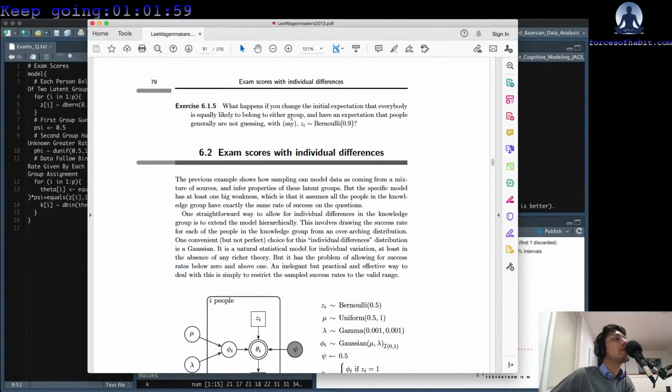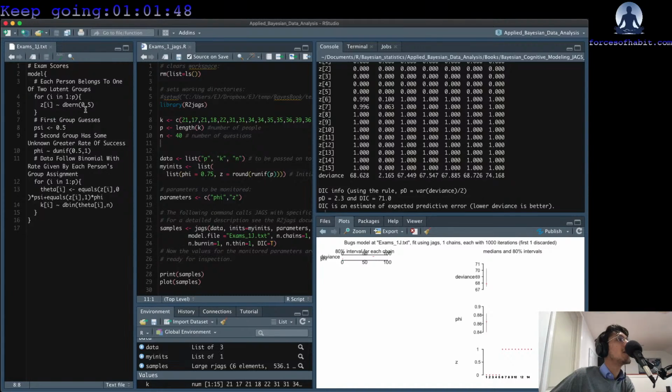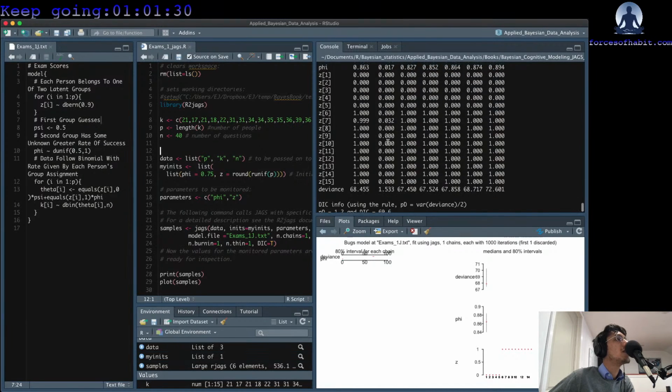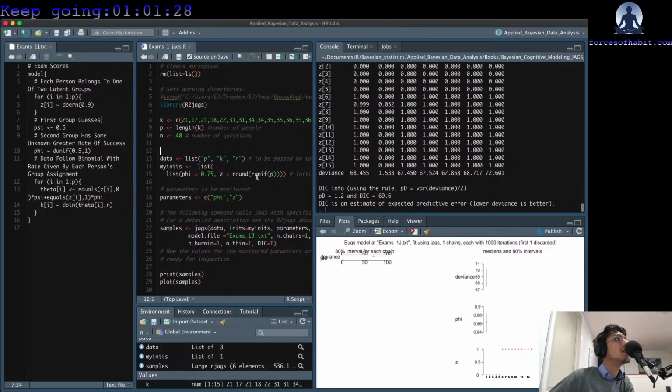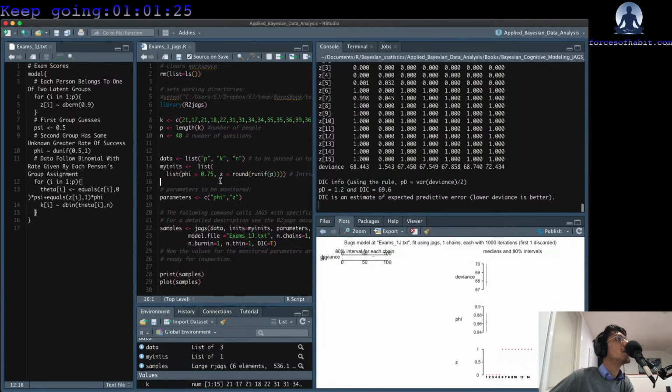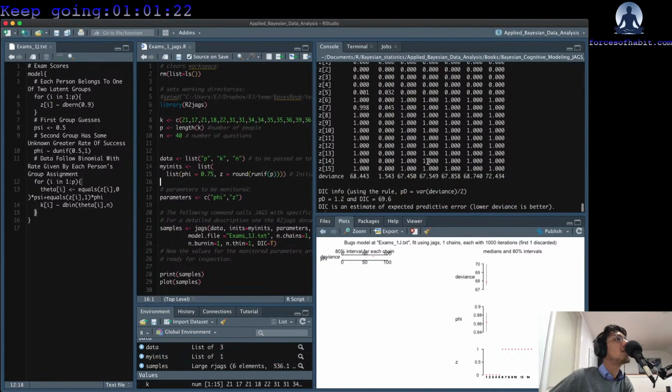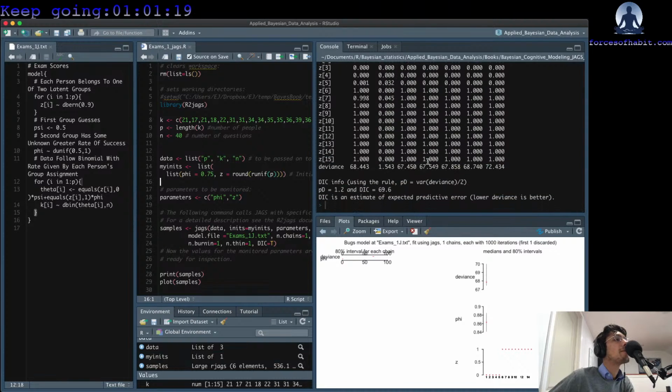All right. What happens if you change the initial expectation that everybody is equally likely to belong to either group, and you have an expectation that people are generally not guessing? So instead of this, it's asking, what if I say we generally believe that a person is not guessing. Still no change. Look at that.